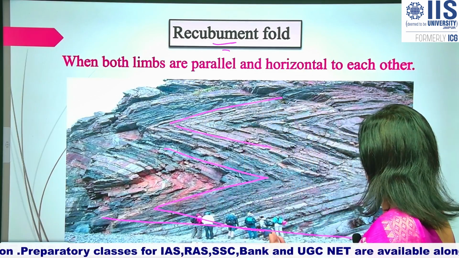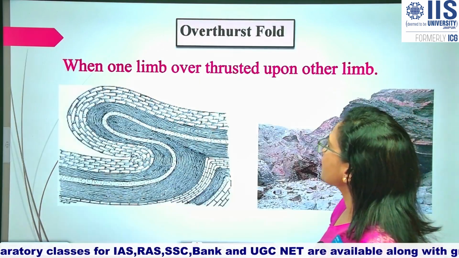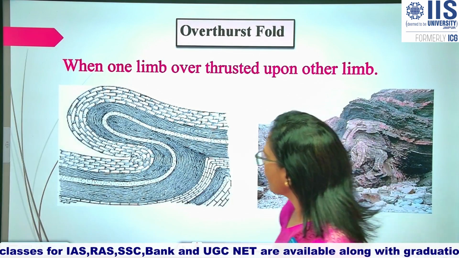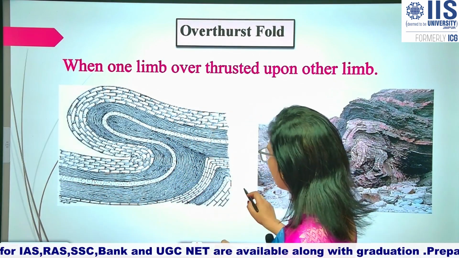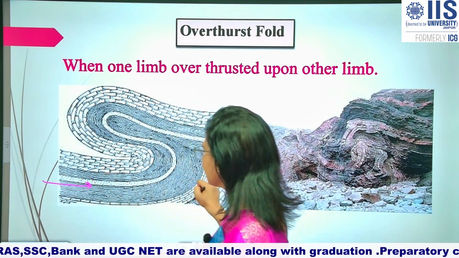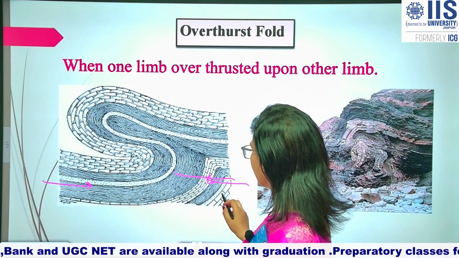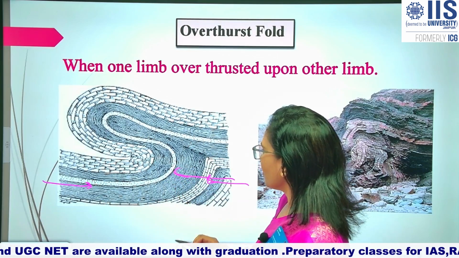Now next is overthrusting fold. Why does it happen? The force is moving towards each other, right?